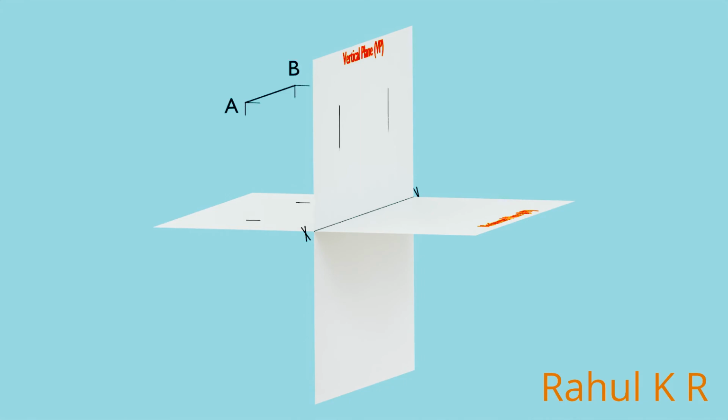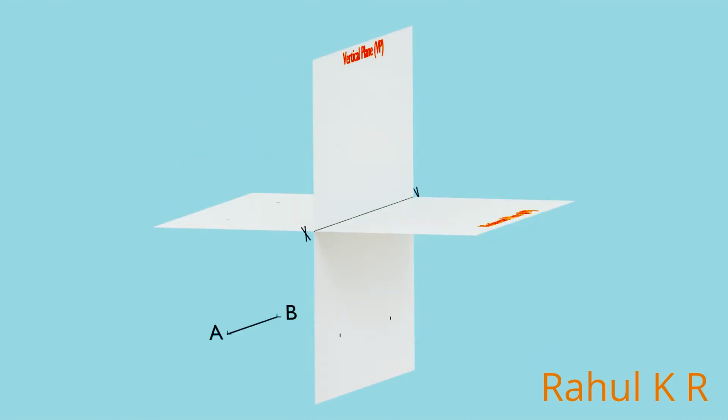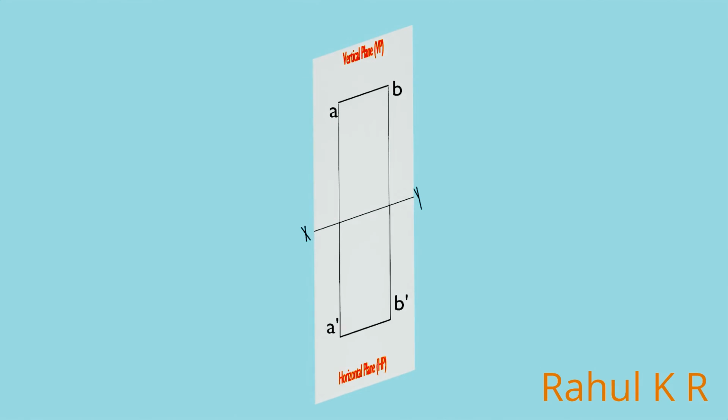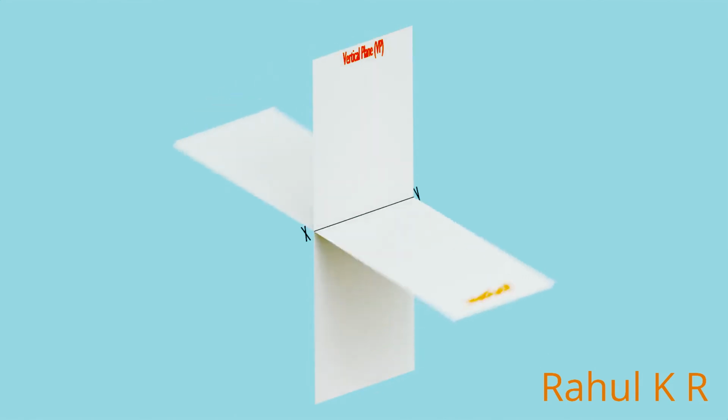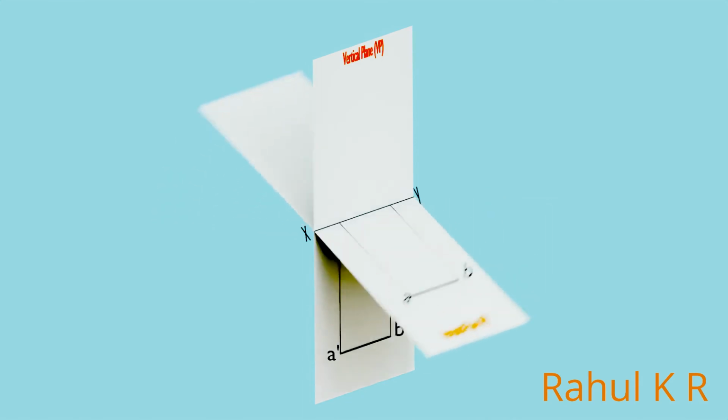If the line is in second quadrant, both front view and top view will be above the XY line. For a line in third quadrant, the front view will be below the XY line and top view will be above the XY line. If the line is in fourth quadrant, both front view and top view will be below the XY line.